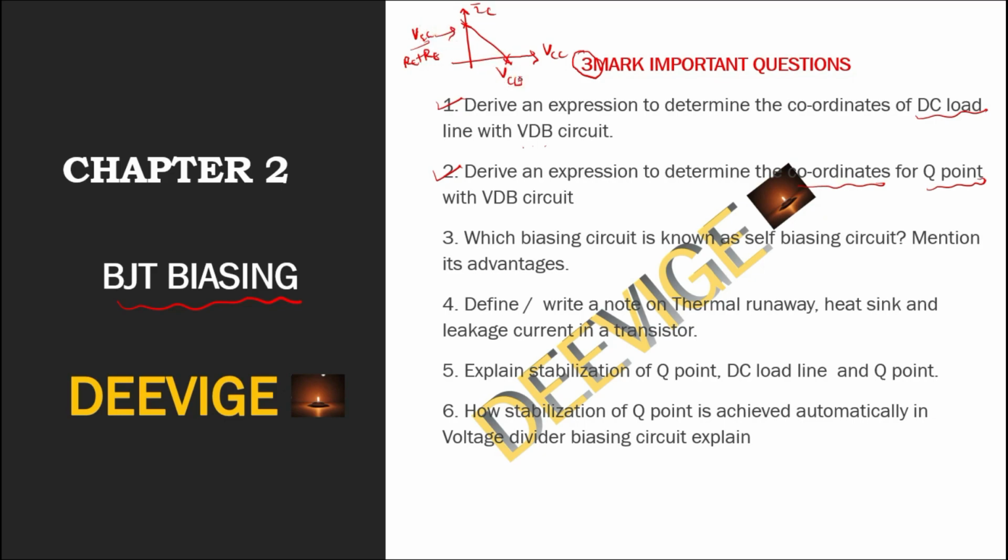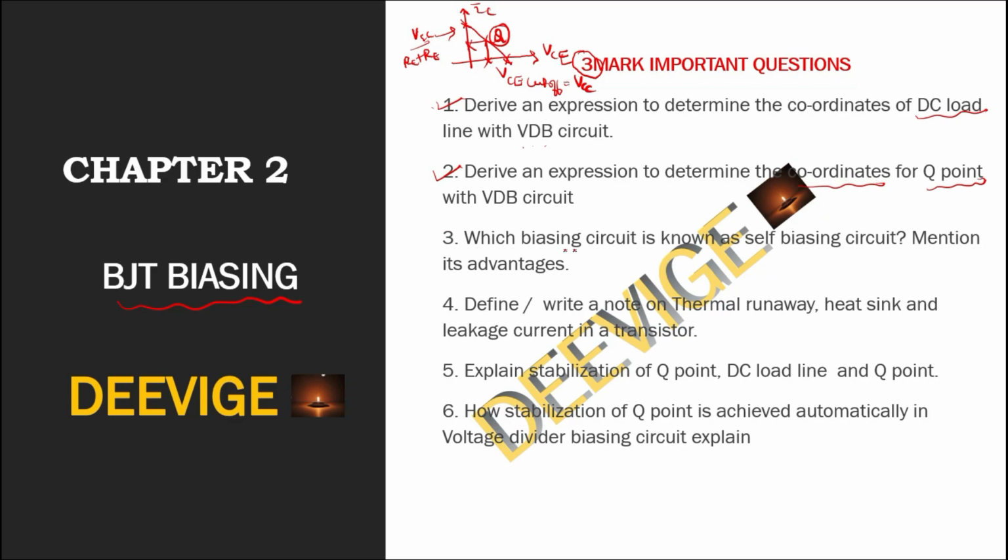This is VCE, VCE cutoff is equal to VCC. Then Q point will come somewhere here. You need to find the Q point coordinates, that is this and this. So this is about these 2 questions.